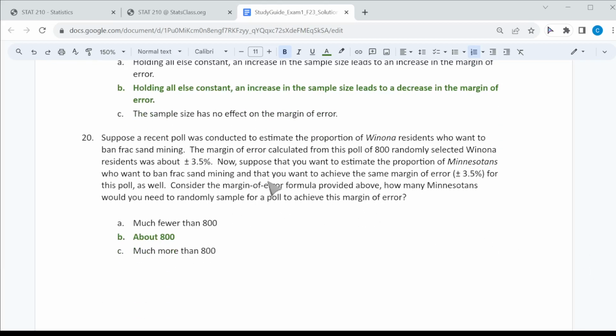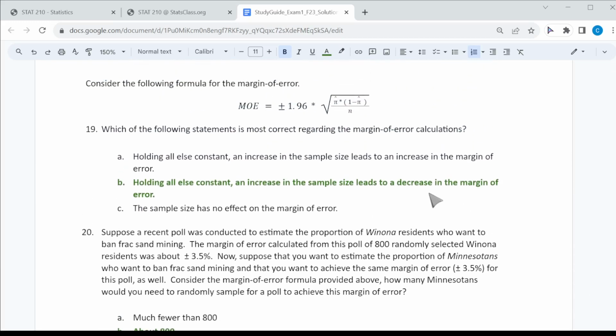This one sometimes will trip up people. Number 20 here: what goes into the formula is the number of people that you sampled. It does not depend on the number of people in the population or in your scope of inference. So if my scope of inference was Winona residents and I sampled 800 people, that's going to give me a margin of error of about 3.5%.